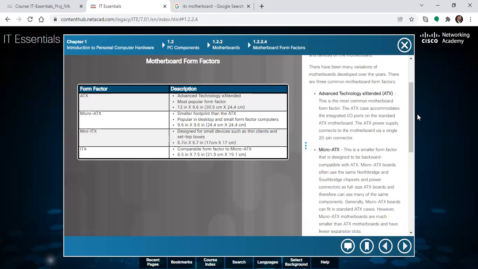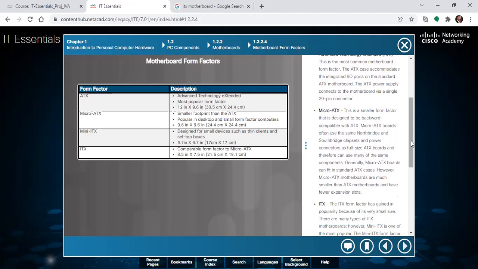The ATX case accommodates the integrated input and output ports on the standard ATX motherboard. The ATX power supply connects to the motherboard via a single 20-pin connector. So that's for the ATX. Now let's look at the micro ATX. This is a smaller form factor that is designed to be backward compatible with ATX. Micro ATX boards often use the same North bridge and South bridge chipset.